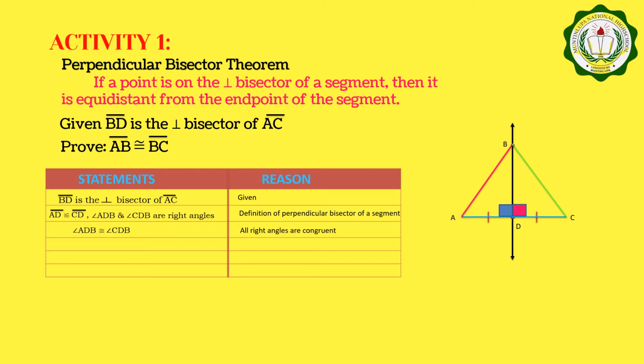So what do we have now? We have now one big triangle, triangle ABC, and two smaller triangles. We can have triangle ADB and triangle CDB, the two smaller triangles. Do you think that these two triangles are congruent?